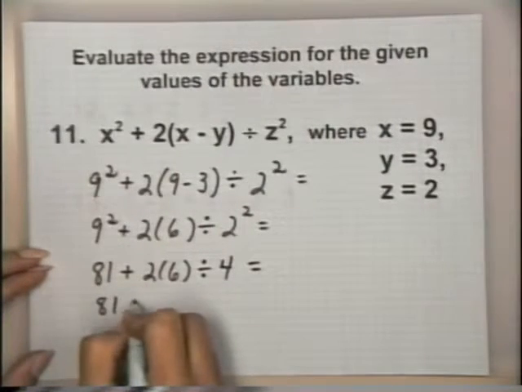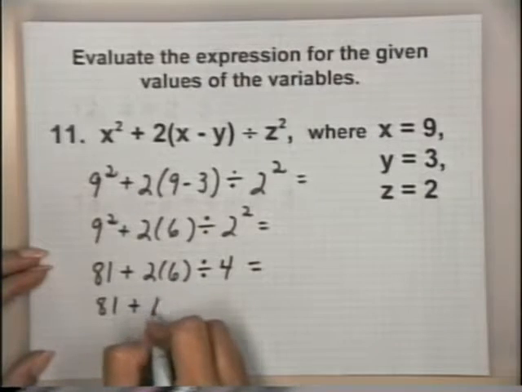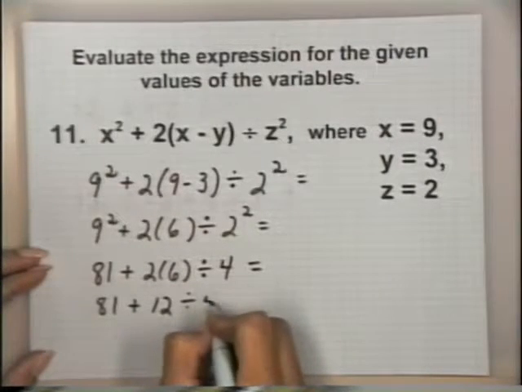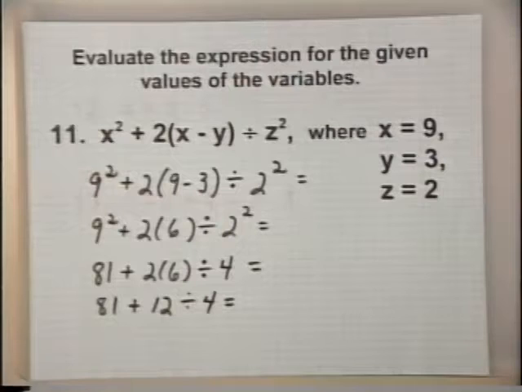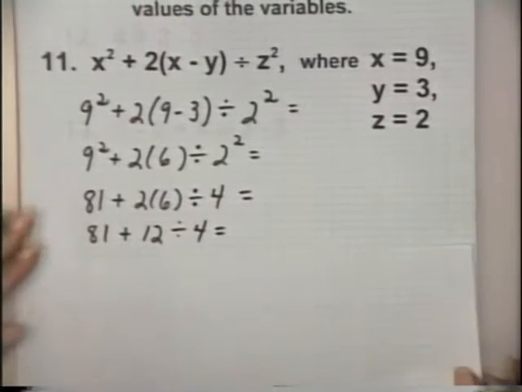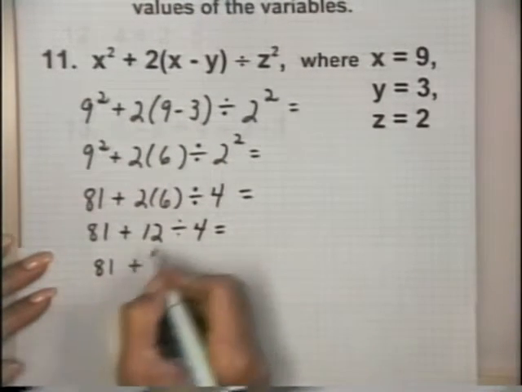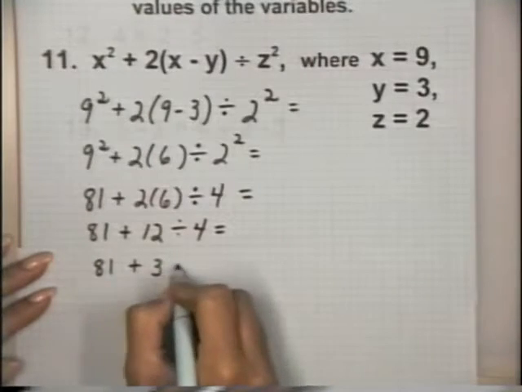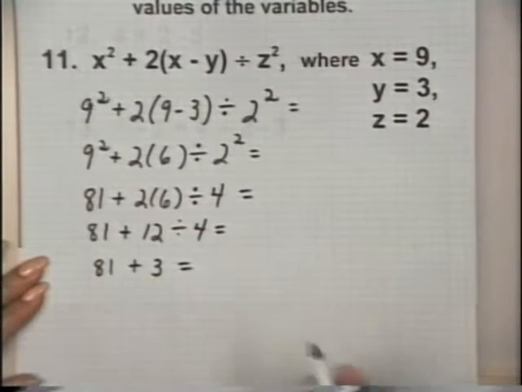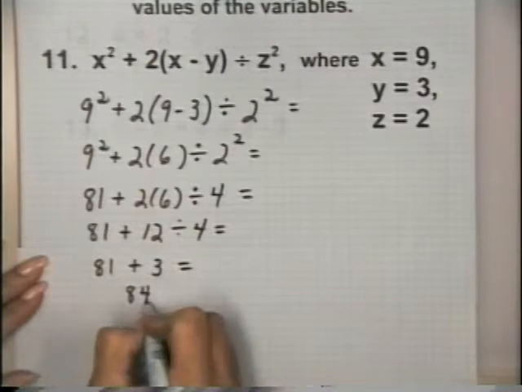We'll have 81 plus 2 times 6 is 12 divided by 4. We have completed the multiplication, but we need to finish the division. So we have 81 plus 12 divided by 4 is 3. And last, 81 plus 3 is 84.